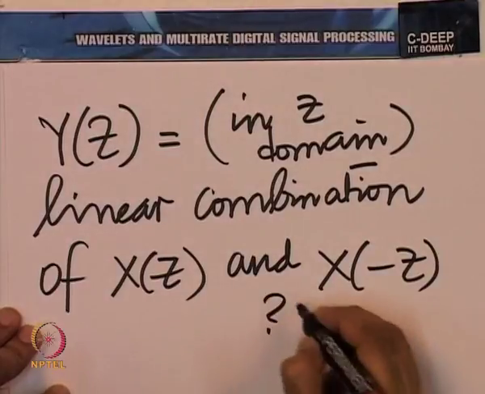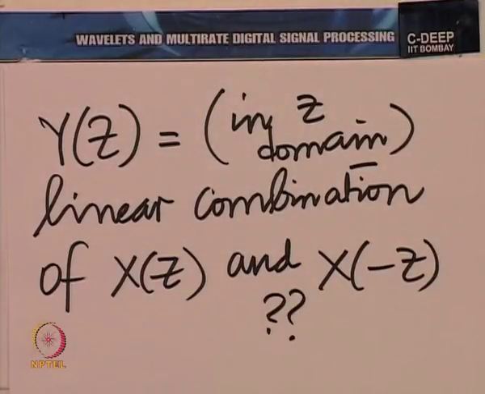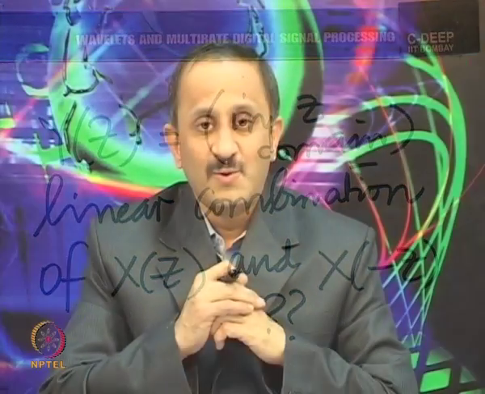What does this mean? What do you mean linearly combining X(z) and X(-z)? You see, if the X(-z) term were not to be there, then we have a simple expression there. Y(z) is some function in z multiplied by X(z).